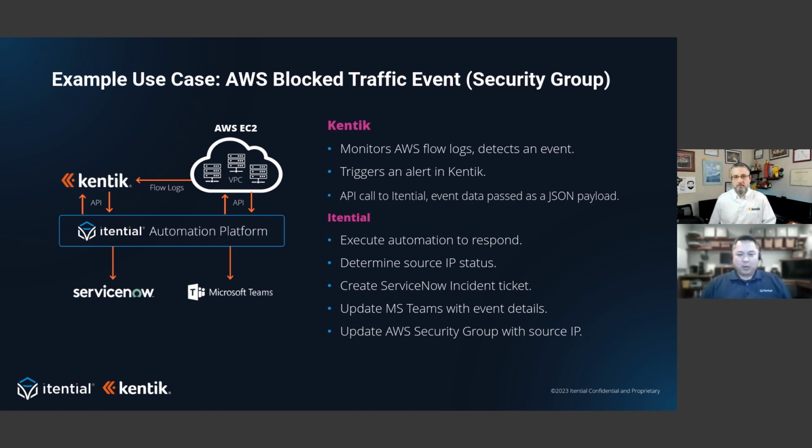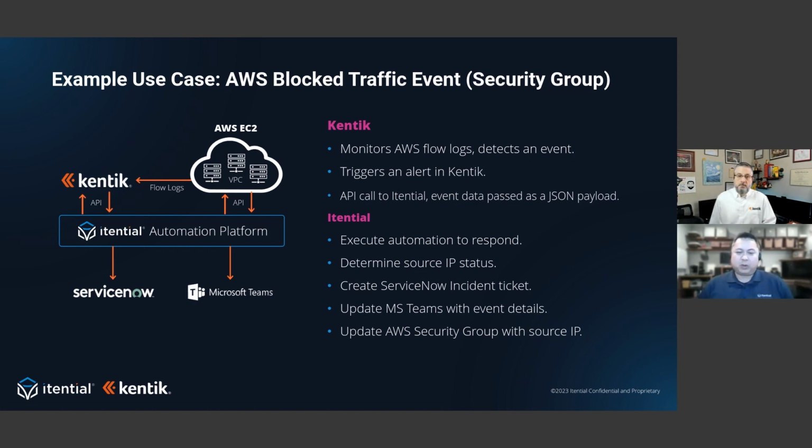So in this case, we want to not only make the network change, but because this is more of an orchestrated process, we want to do the pieces that aren't network focused as well, which is, let's open up a ServiceNow ticket and update those tickets with information.